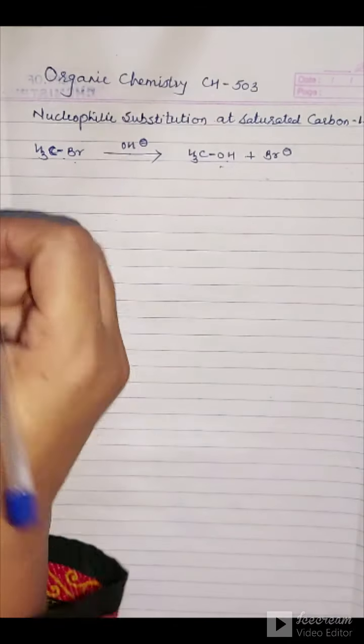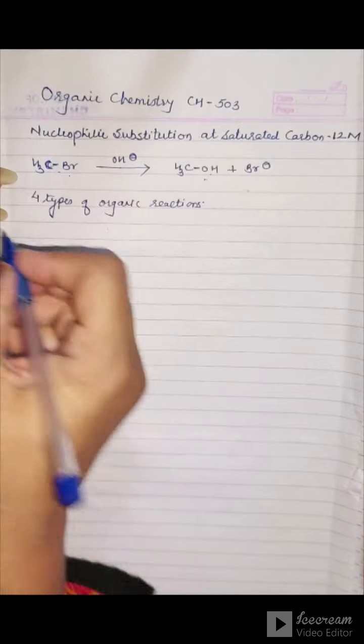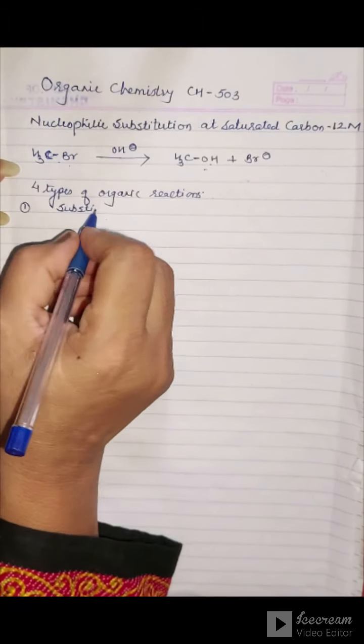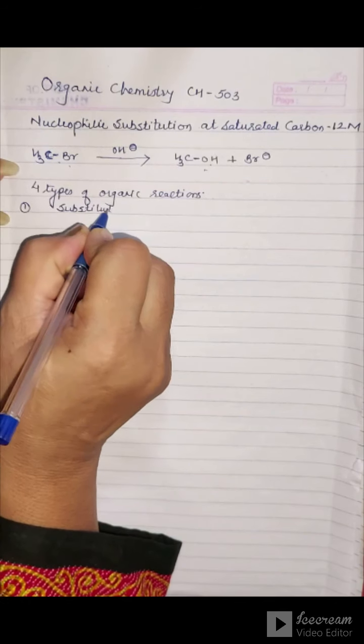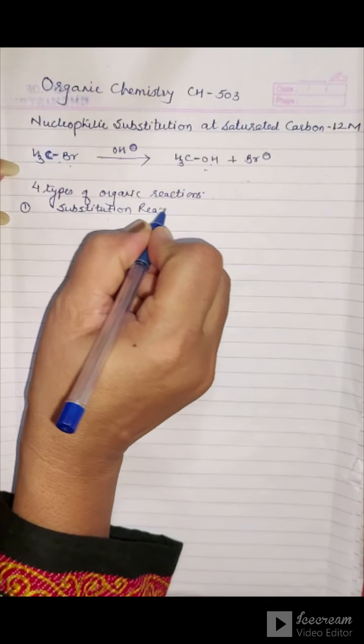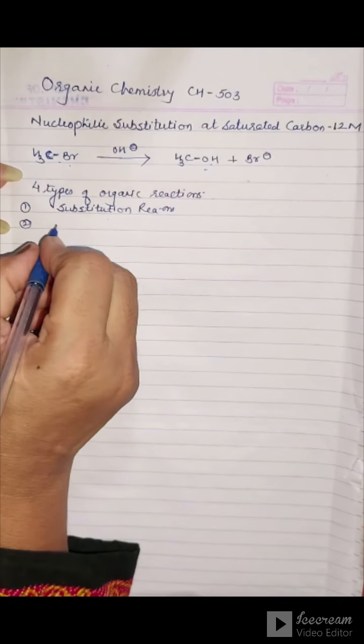Basically, there are 4 types of organic reactions. First type is substitution reactions. The second type is addition reactions.